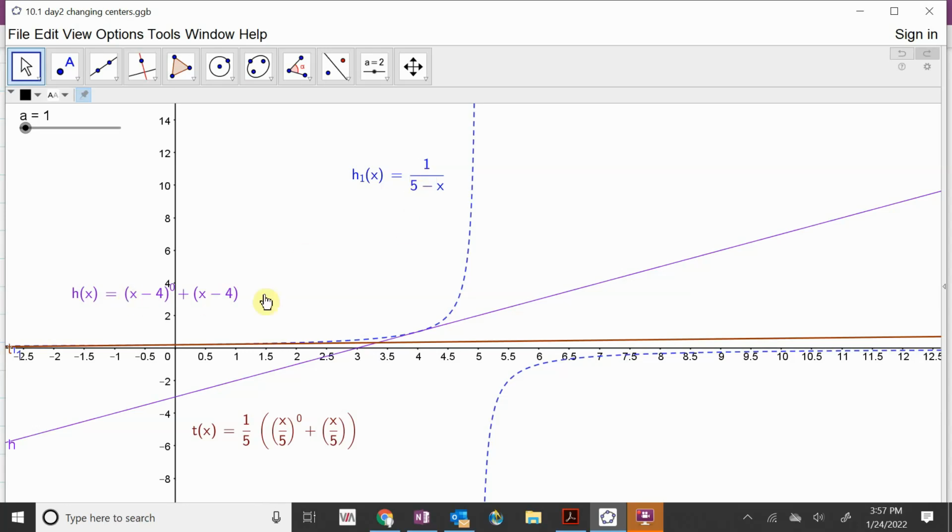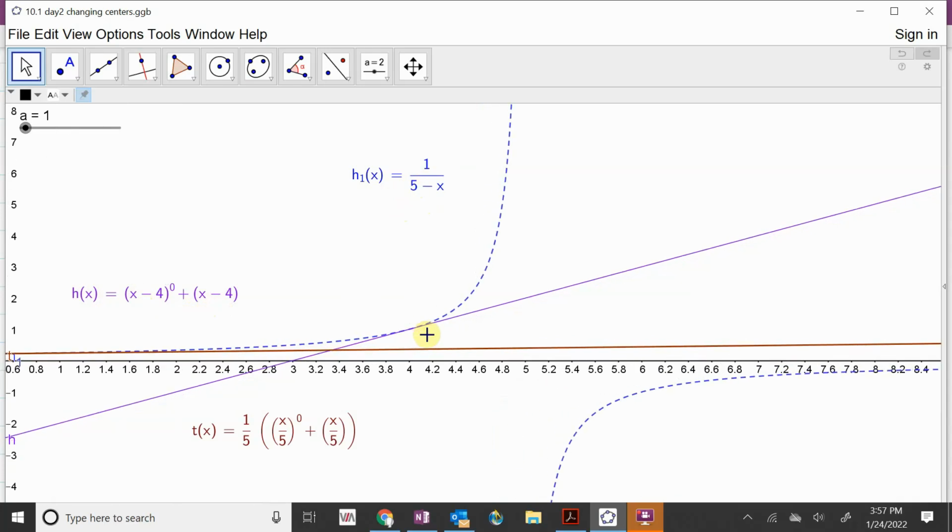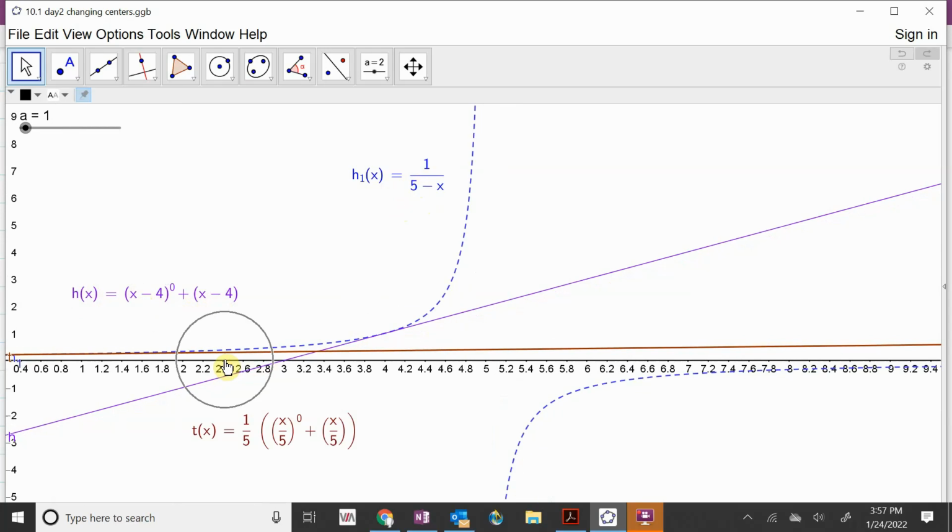Now, obviously, the one that's centered at 4 is doing really well around 4. In other words, this function could be a good approximation for this function if I want a value near 4. If I want to think about 4.1, I want to think about what 4.1 would be in this function versus this function, like locally linear, all those conversations, that this purple is a much better approximation near 4 than this brown.